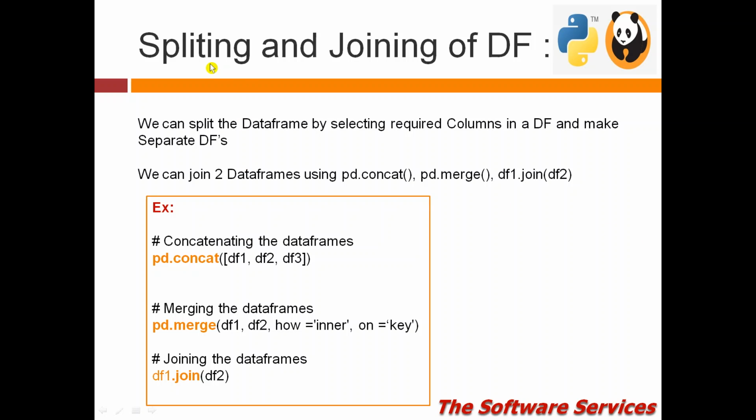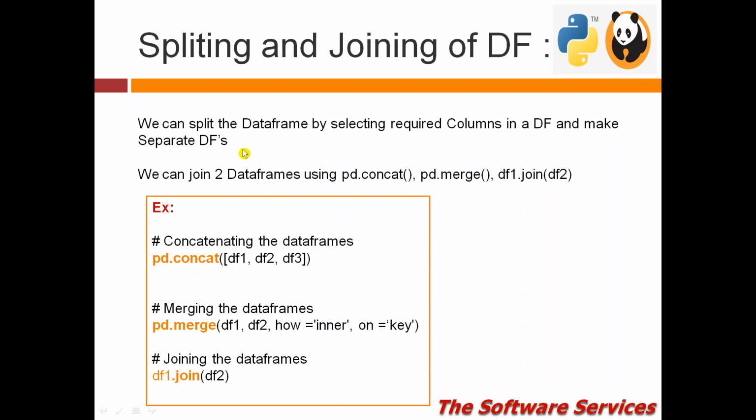So we can achieve the splitting and joining by some of the already inbuilt Pandas library methods. Some methods are available for this type of task. Firstly, for splitting, we already saw we can split the data frame by selecting required columns in a DF and make separate DFs.